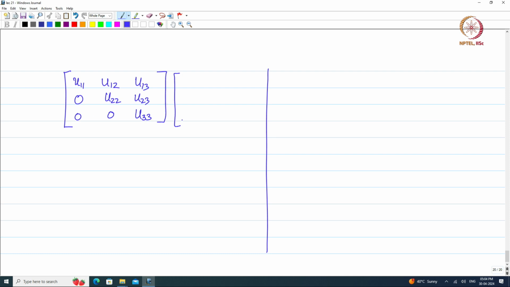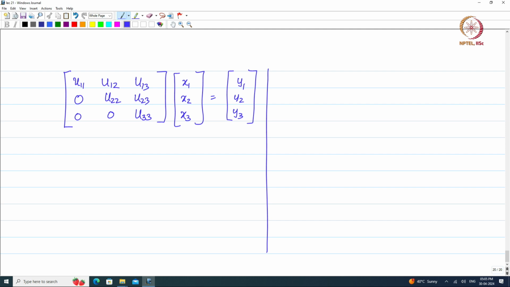We have x1, x2, x3, and we end up getting this y1, y2, y3. So, what we do? We basically do the backward substitution and get the values of x1, x2, x3.